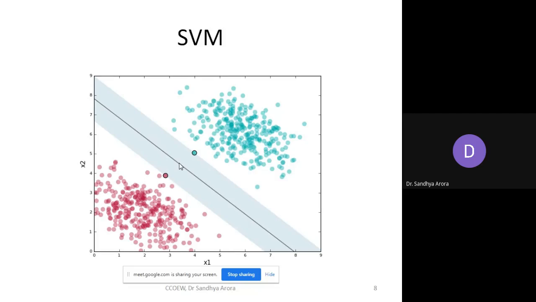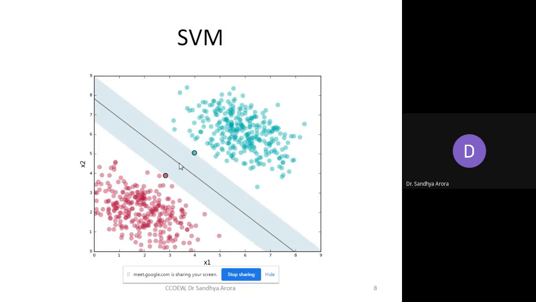I'll tell you one example of how SVM works with multiple dimensions. Instead of identifying a line, when you are working with multiple dimensions, it will identify the plane equation. In which form is the plane equation?